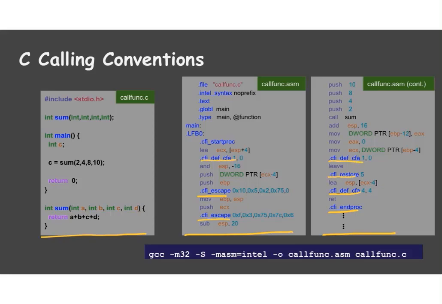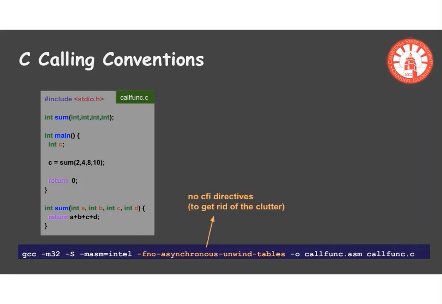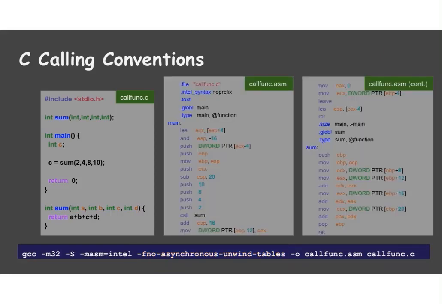To get rid of that metadata in our produced assembly code, we can use a switch in our GCC command, which is given here, to get rid of those CFI directives. Once we do that, we get a cleaner assembly equivalent of the function that is given here.